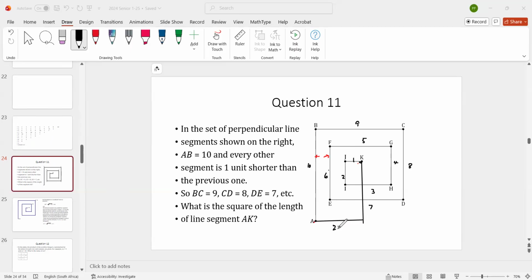So this is 2 plus 2 plus 1, because the distance from here to here is just 1. All right. So this horizontal distance is 5, but down this way you've got a 2 here, another 2 here, and another 2 here. So this vertical line here is 2 plus 2 plus 2.